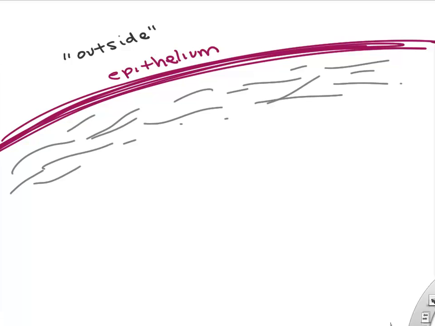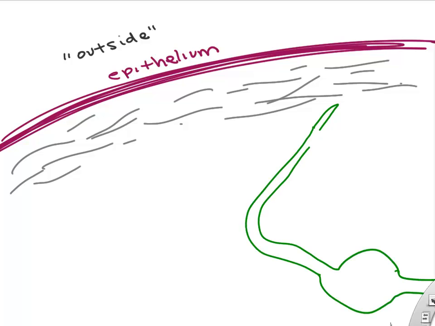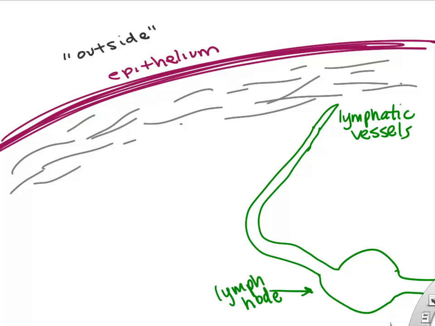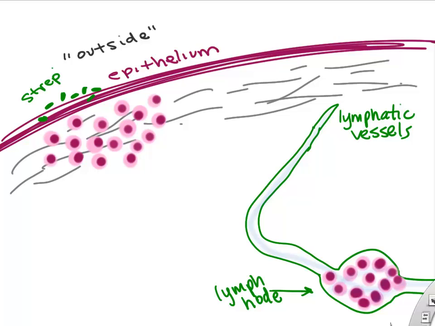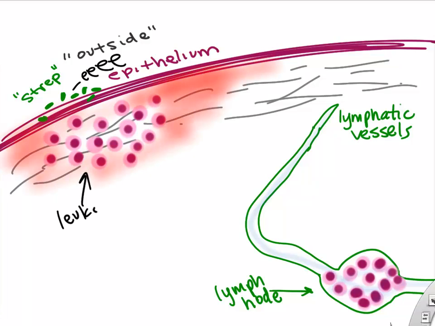So if we draw epithelium covering you along with some connective tissue, and then we draw some lymphatic vessels in there going to a lymph node, we can kind of see how this defense system works. So say you have strep throat inside your throat. That causes an infection, and those little bacteria then can be defended by leukocytes.